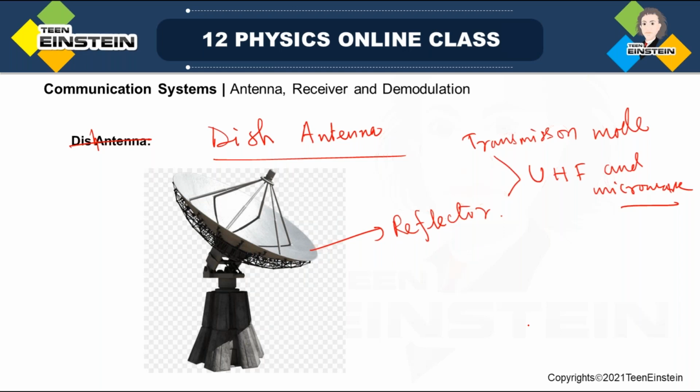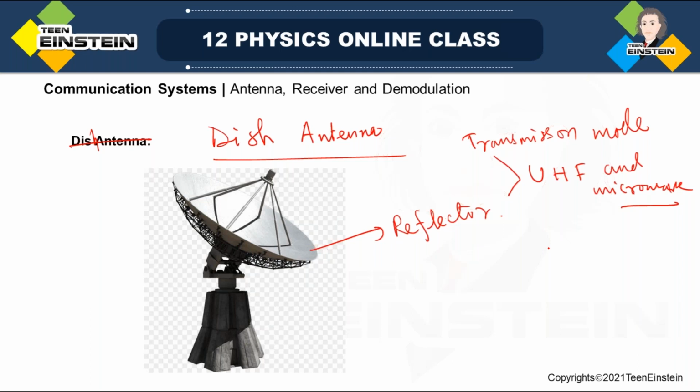What is the role of this reflector, and how does this antenna work actually? It receives or collects electromagnetic radiations and focuses them on the dipole, which converts that electromagnetic wave into an electrical signal.